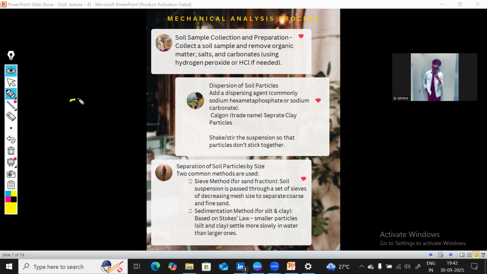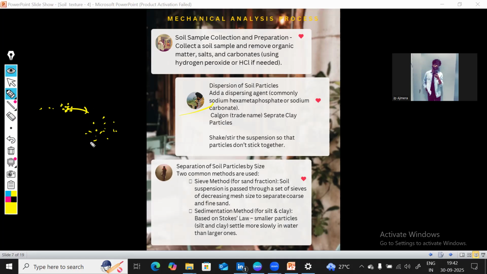Clay particles have more attraction between each other, so there is high cohesion. How do we make them disperse, how can we separate them from each other? We have to use sodium hexametaphosphate. Dispersion simply means that if they are in a tight group, we have to separate them using that chemical.